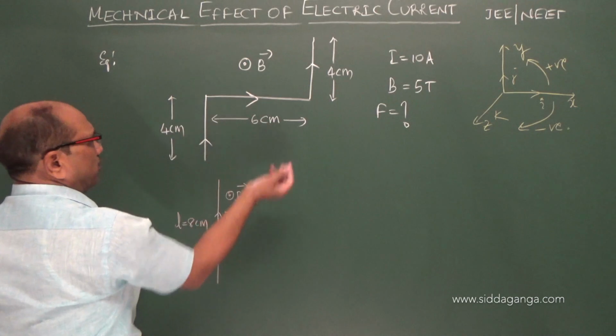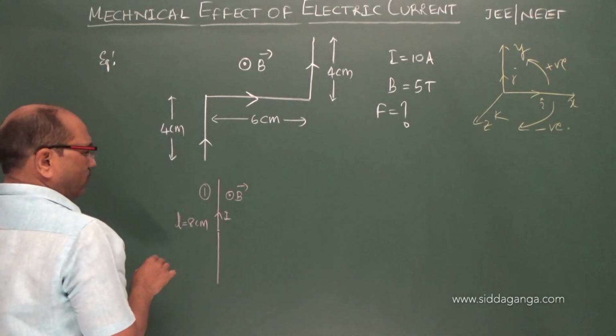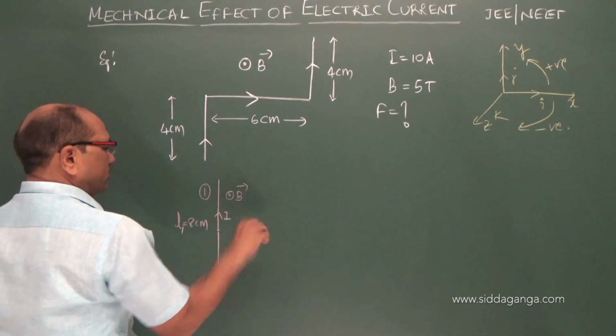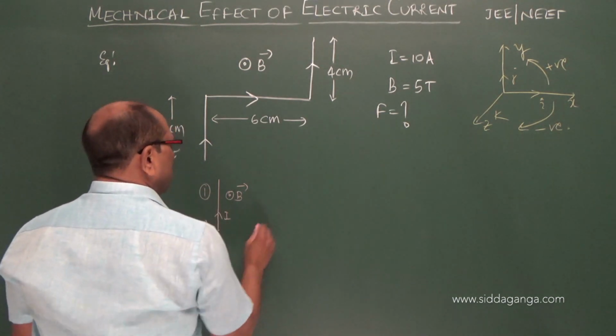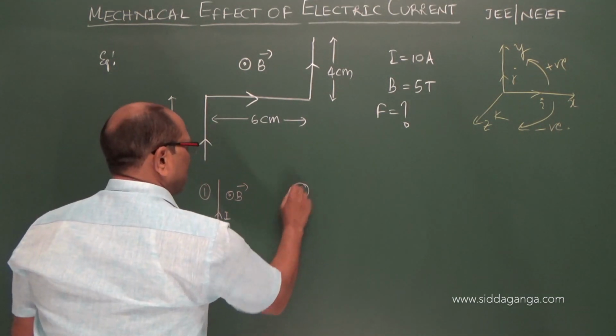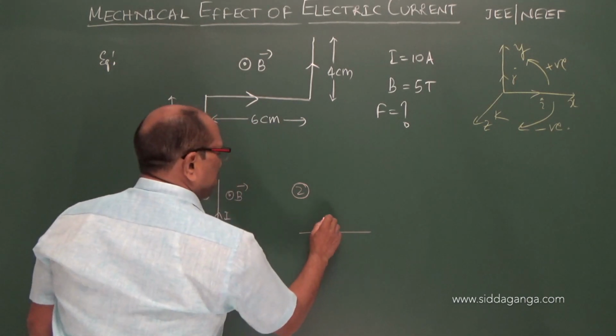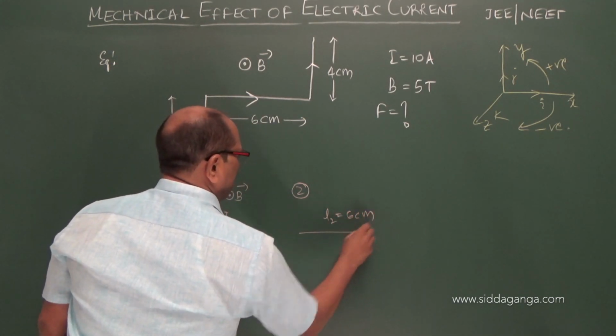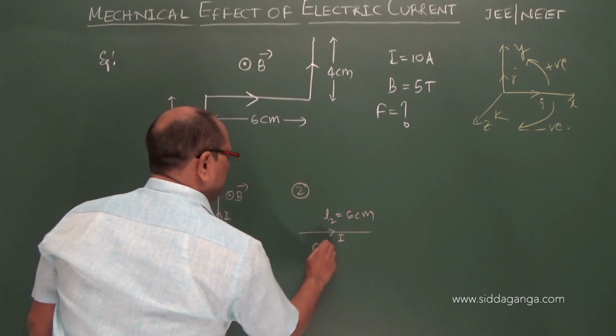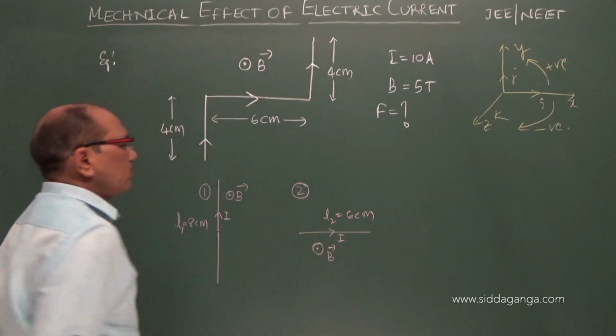I made it into two parts. This is one, L1, with I the same and B the same. The second part is L2, 6 centimeter, same current, B is outward.